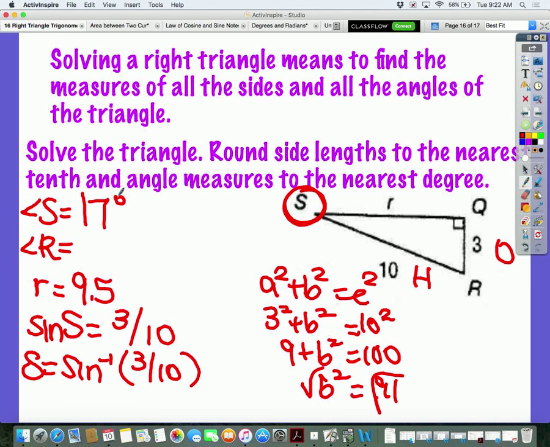So yes, you could do that. You could add the other two angles that you just found, so 90 and 17 to make 107, and then subtract that from 180 to find your last angle, which is 73. And there you go. You could have also used trig as well, but you would end up getting the same answer. Questions?